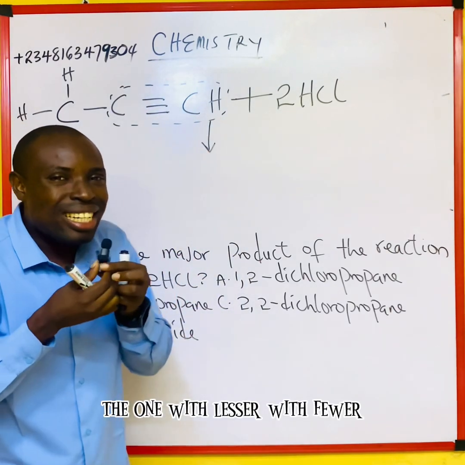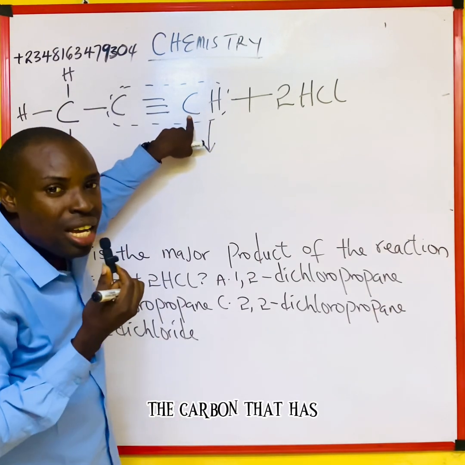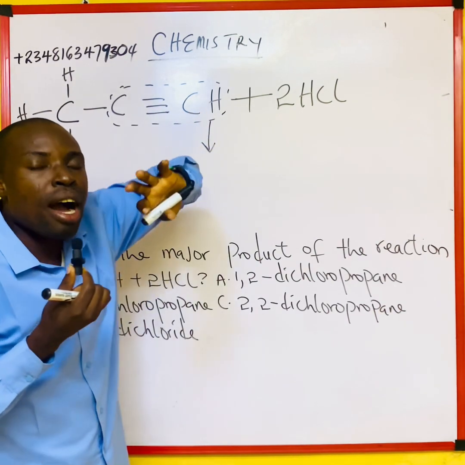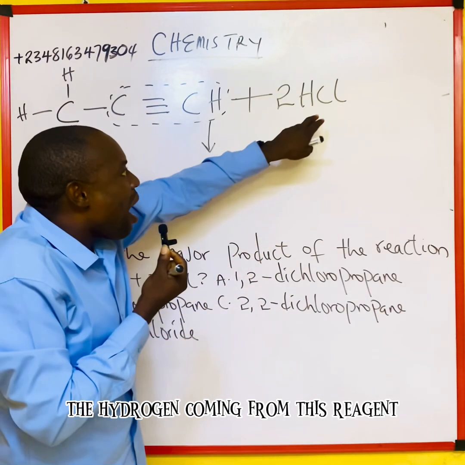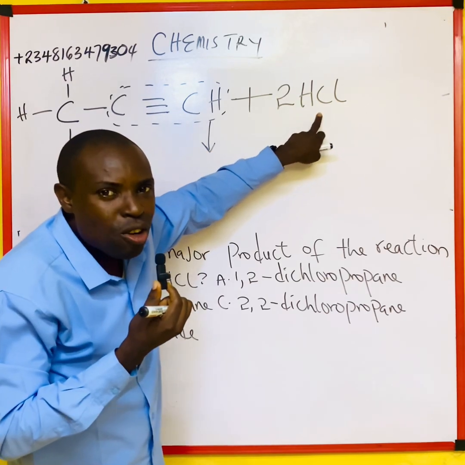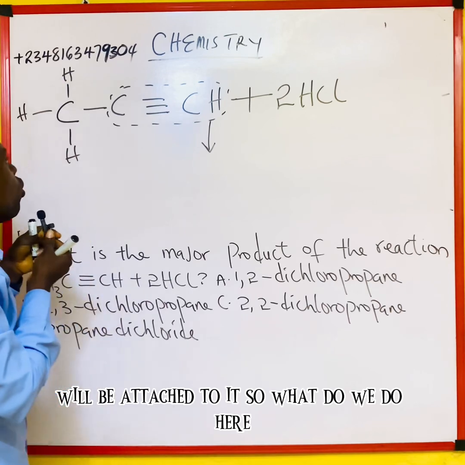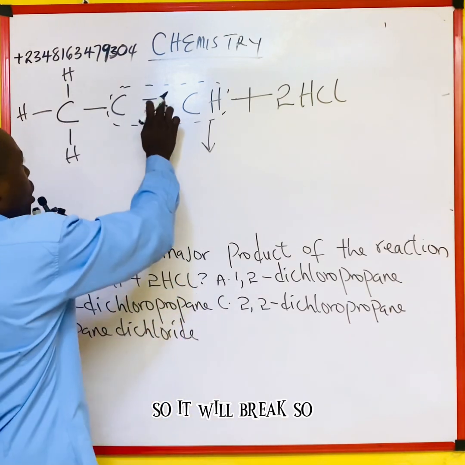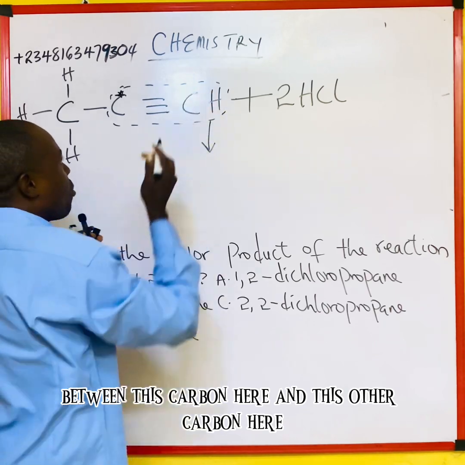the carbon that has more hydrogen, the hydrogen coming from this reagent will be attached to it. So it will break between this carbon here and this other carbon here.